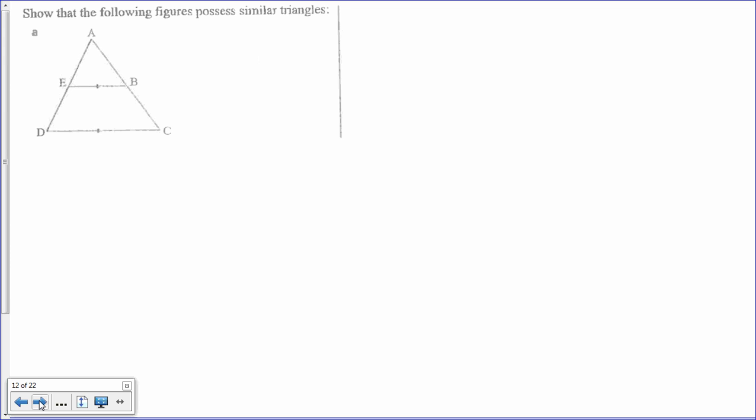Next one, show that the following figures possess similar triangles. So here we need to do a couple of things. Remember, we need to look at what hits us in the face. So the first thing I see here is this angle up the top here. Angle A is common, and that's given to us. And then we can just say alpha 1, alpha 2.